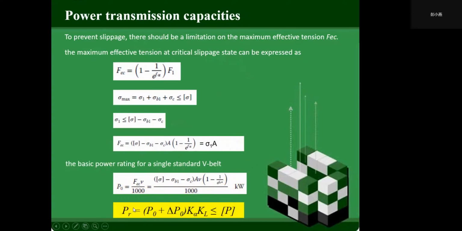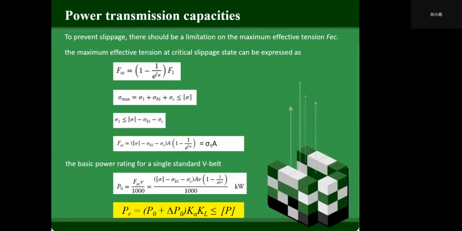And PR is the actual power. The basic power P0 is obtained under specific test conditions, and the test condition specifies a moderate length belt running on identical diameter sheaves, transmitting a steady load.